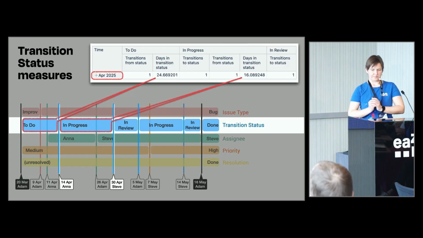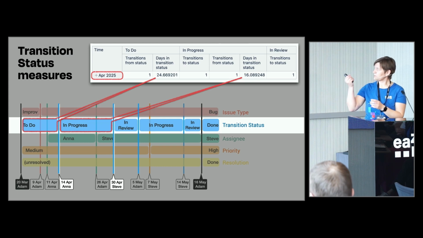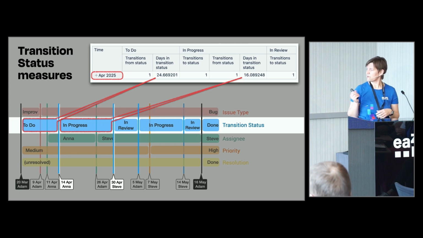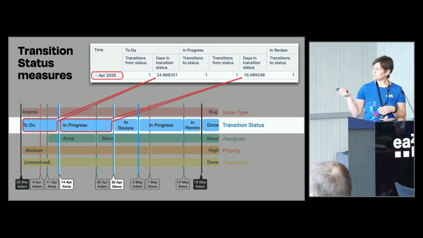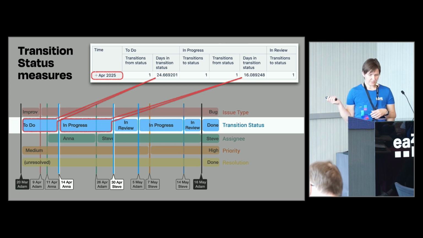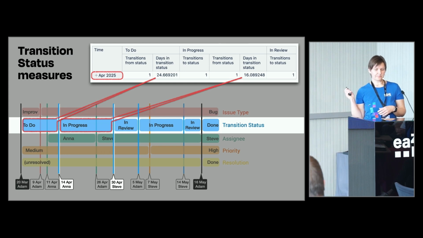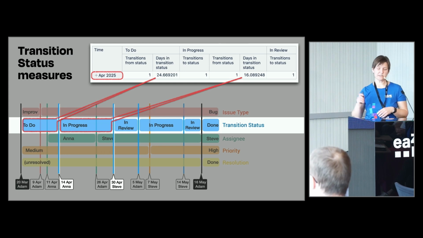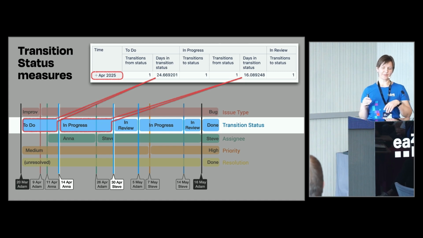For example, if we filter only April in our report, we have in rows April, there are two transitions that end status transitions that happened in April. And so we look at the blue lines, the blue vertical lines, and we show that the transition status is in the columns.